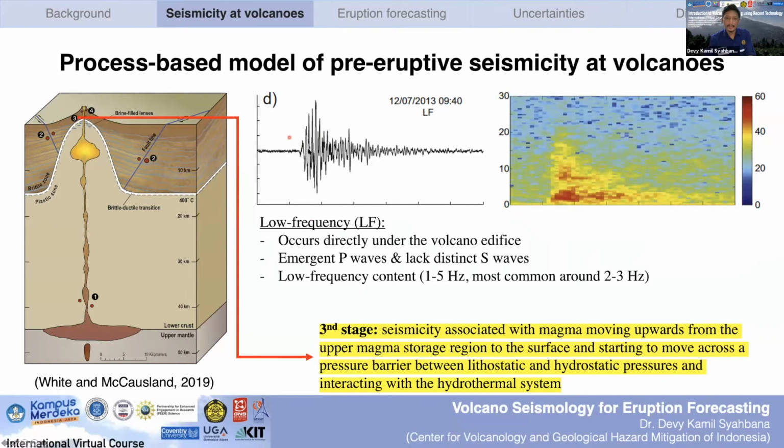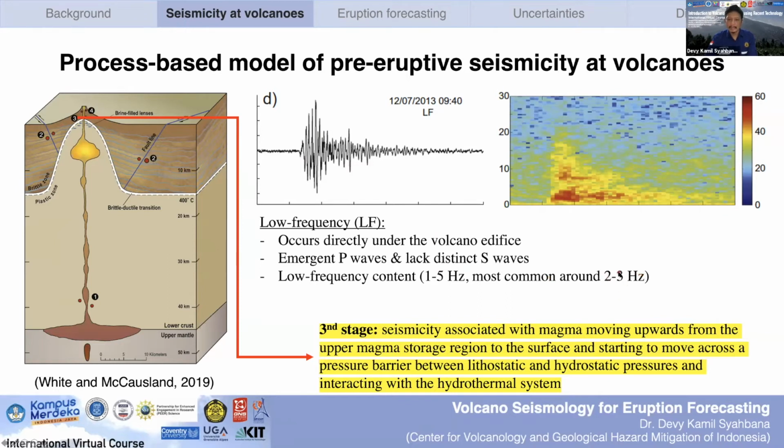The low frequency content is between 1 to 5 hertz, but very commonly in the world we have 2 to 3 hertz. I don't know why, but on Indonesian volcanoes and other volcanoes, it is most common around 2 to 3 hertz.